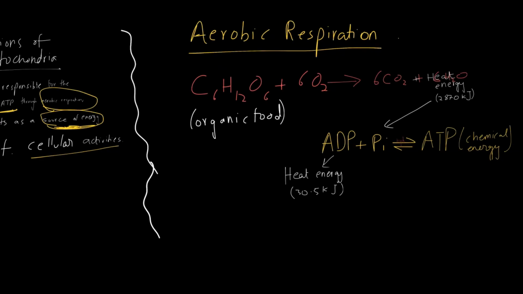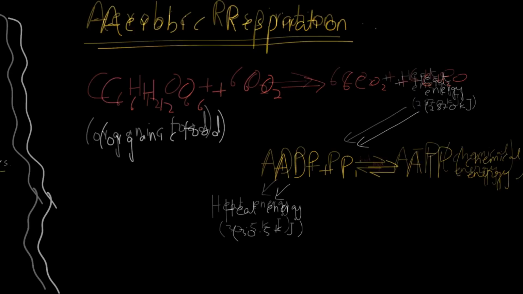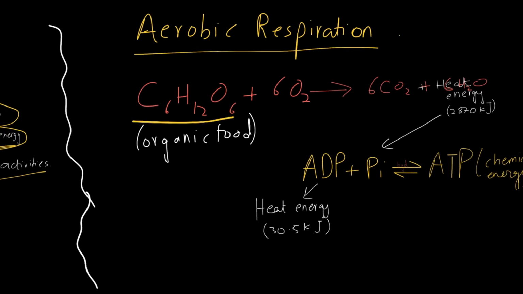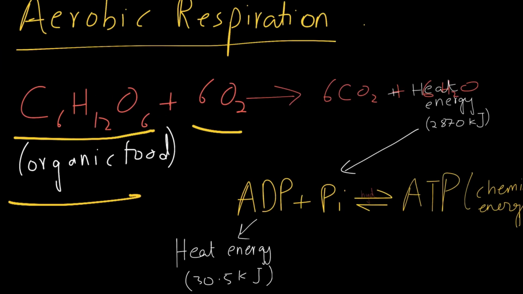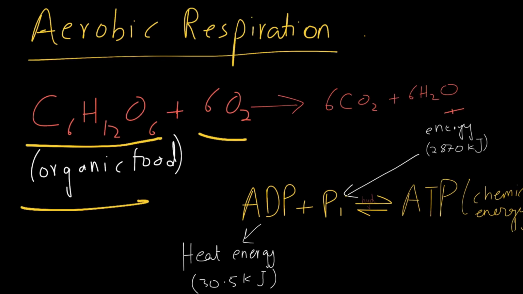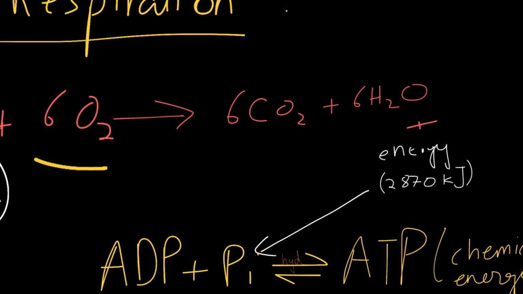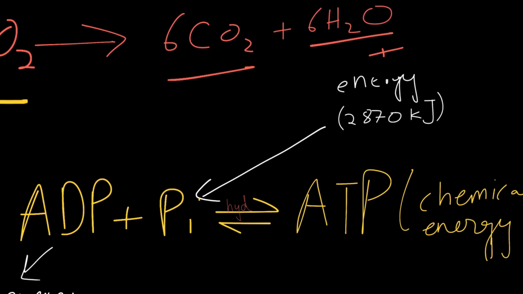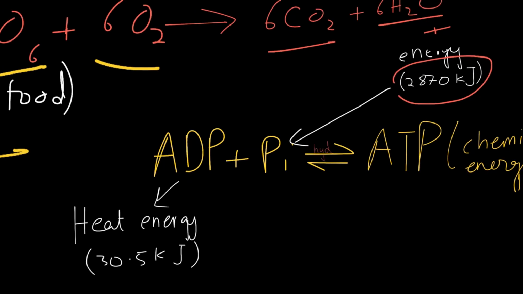Now moving on, we can see the aerobic respiration. C6H12O6, which is organic food, we add oxygen to it, and the byproducts are CO2, water, and then energy is released, right? So this is the amount of energy that's released, which we learned how it's converted.